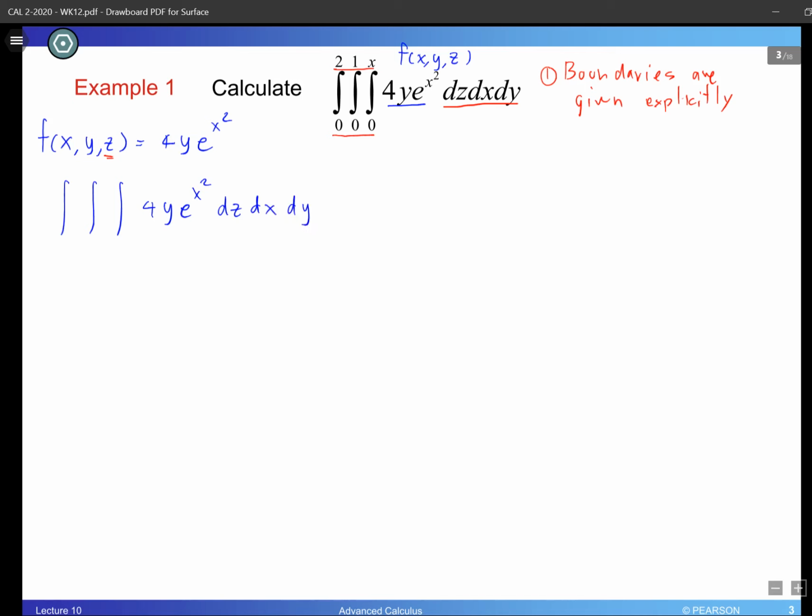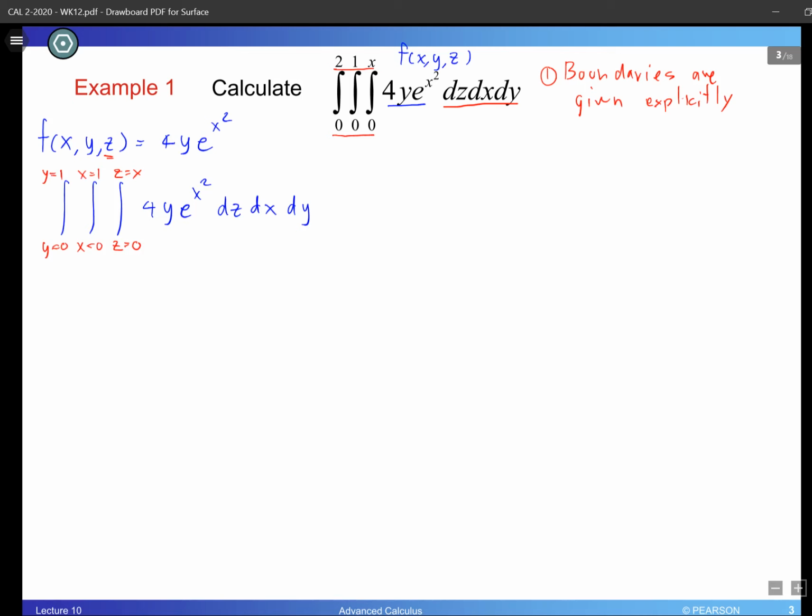And for the boundaries, start with the z variable. Z starts at 0, ends at z equal to x. Okay, x starts at 0 and ends at x equal to 1. Y starts at 0 and ends at y equal to 1.